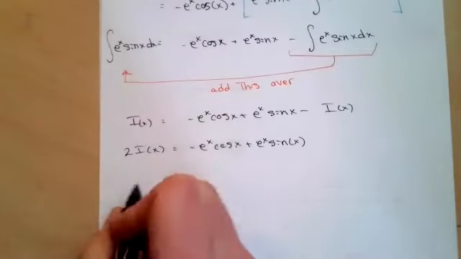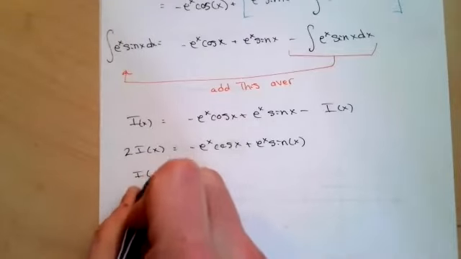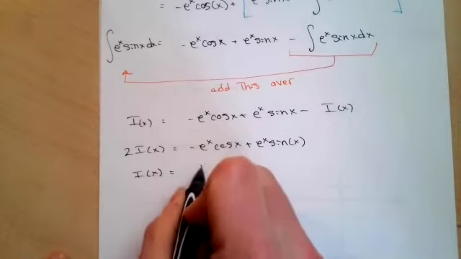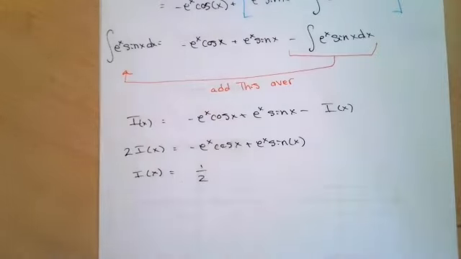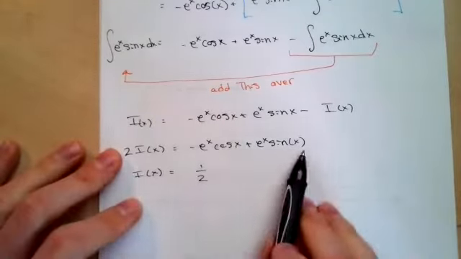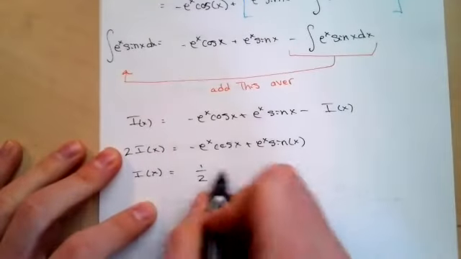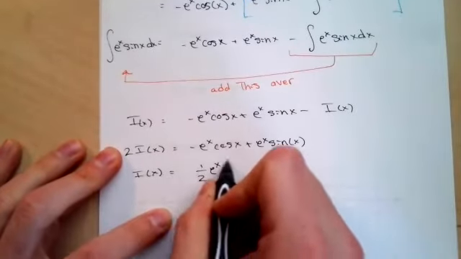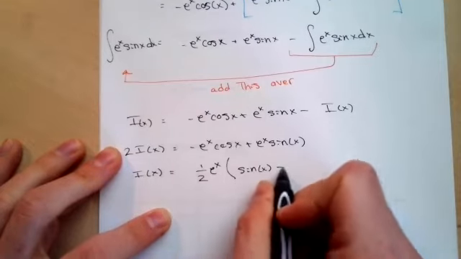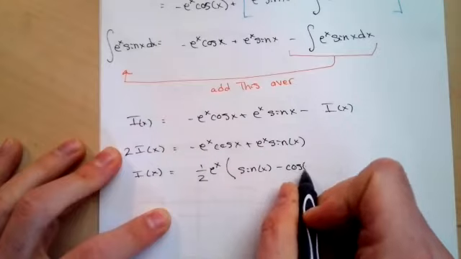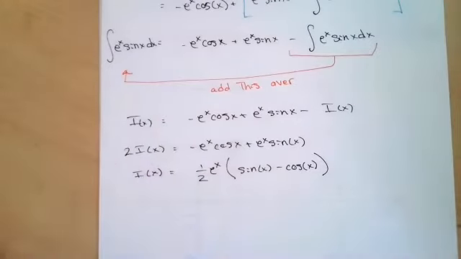And so now when we divide by 2, I'm just going to leave it as a factor of 1/2. And in this case, I'm going to do some simplification. It wouldn't really be necessary if you want to take that whole expression and divide it by 2. I'm going to go ahead and factor out the e to the x and then write it as sine of x minus cosine x. To me, that just looks like an easier way to write it.